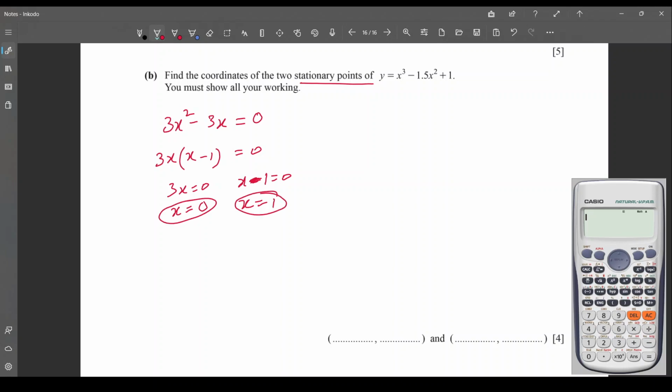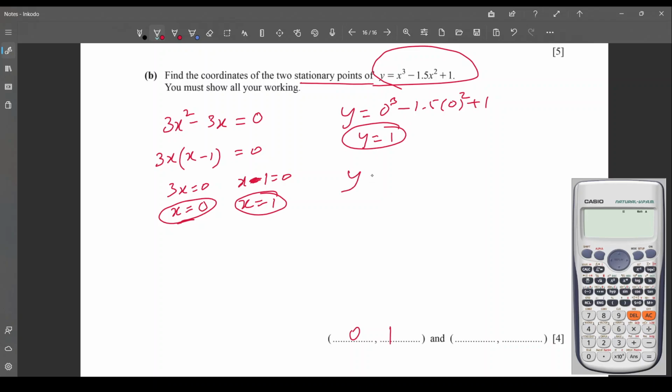With these two values of x, I'll put the value of x in this equation to get y. If I put x as 0: 0 cubed minus 1.5 into 0 squared plus 1. So y will be only 1, because the other terms will be 0. So if x is 0, y is 1. Then if x is 1: 1 cubed minus 1.5 into 1 squared plus 1.